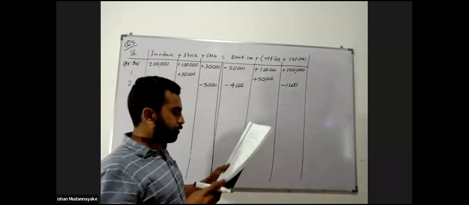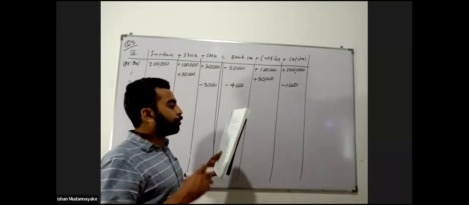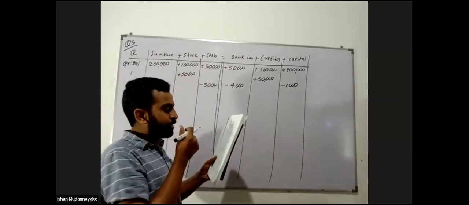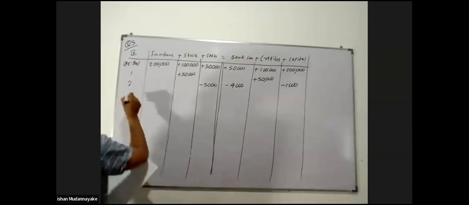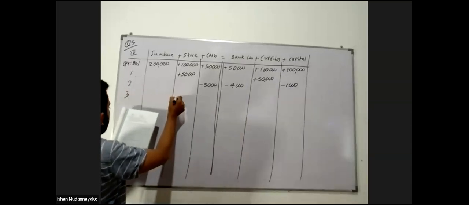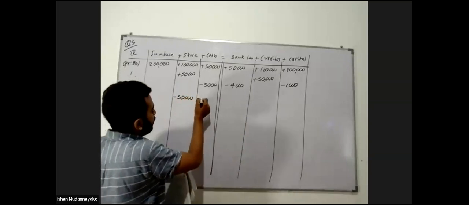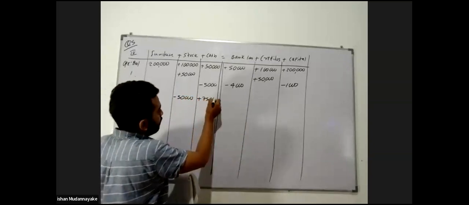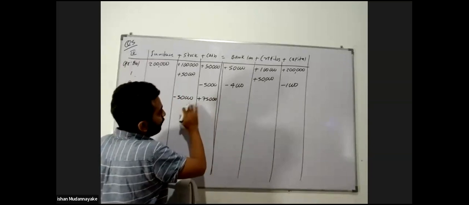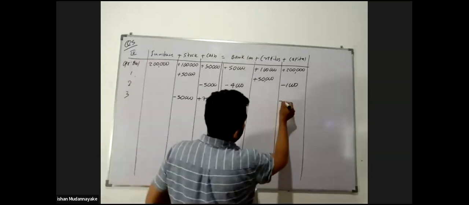Okay, right. Next one. Sold goods which were purchased at 50,000 for 75,000 on cash basis. Third one. Stock minus 50,000. Cash plus 75,000. And then 25,000 profit. Capital plus 25,000.